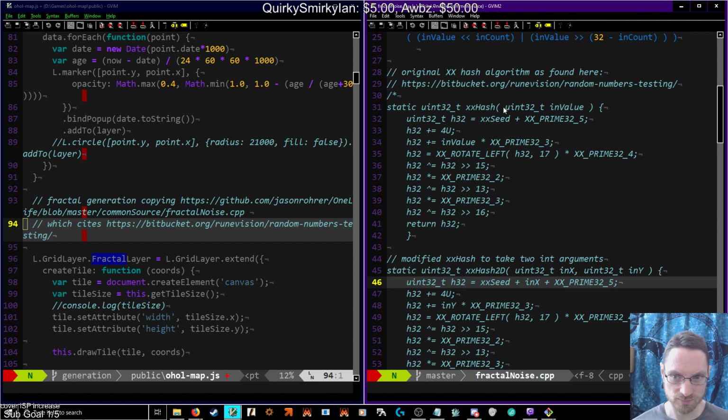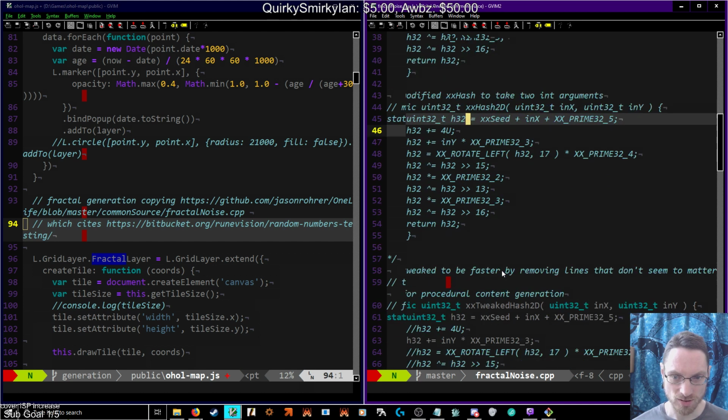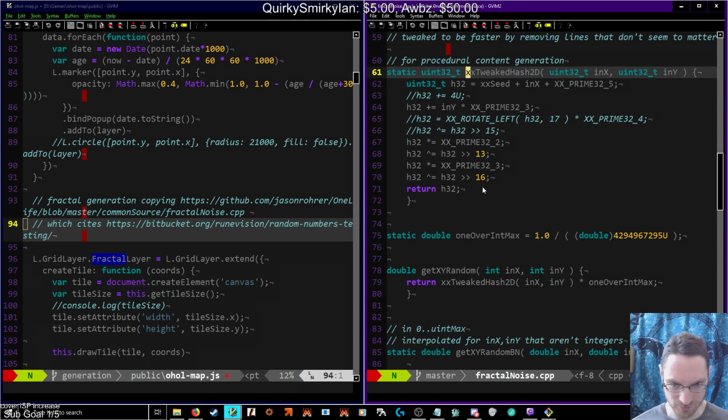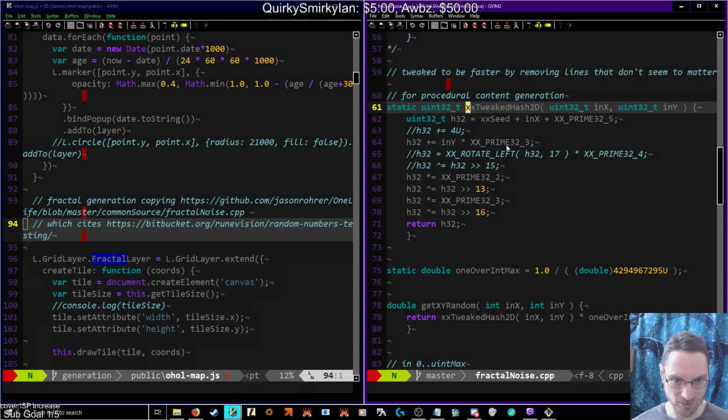Originally, they take 2 int arguments that don't seem to matter. But we want to implement this algorithm. So this is our first target function.